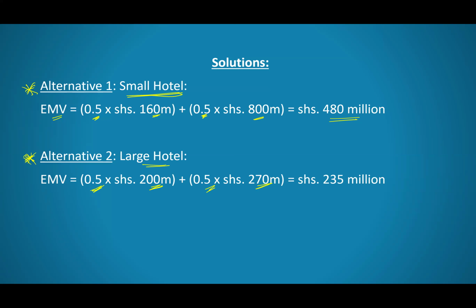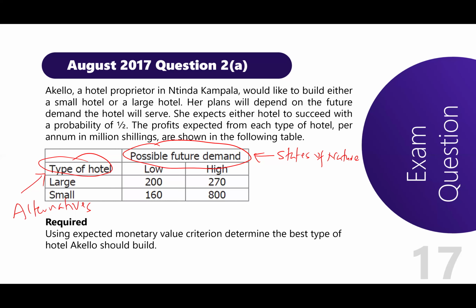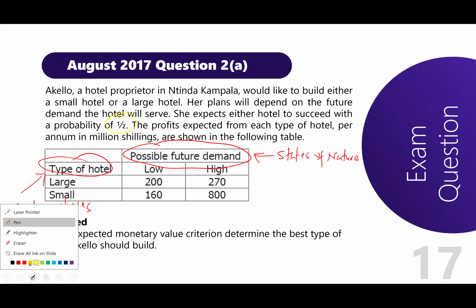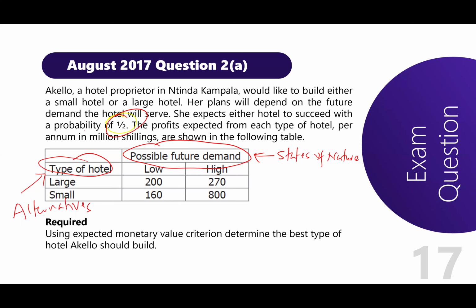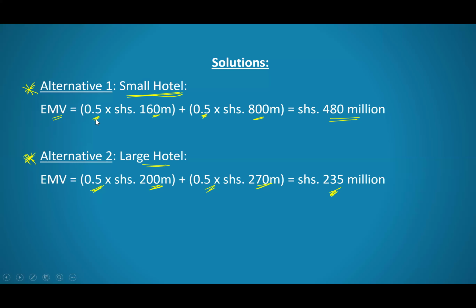The 0.5 is the other half that was given. I'm saying that the state of nature can turn out to be a half. It can be low or high. So that is the half. The probability of the demand being low or high is a half, which is the figure given here. That is the 0.5.